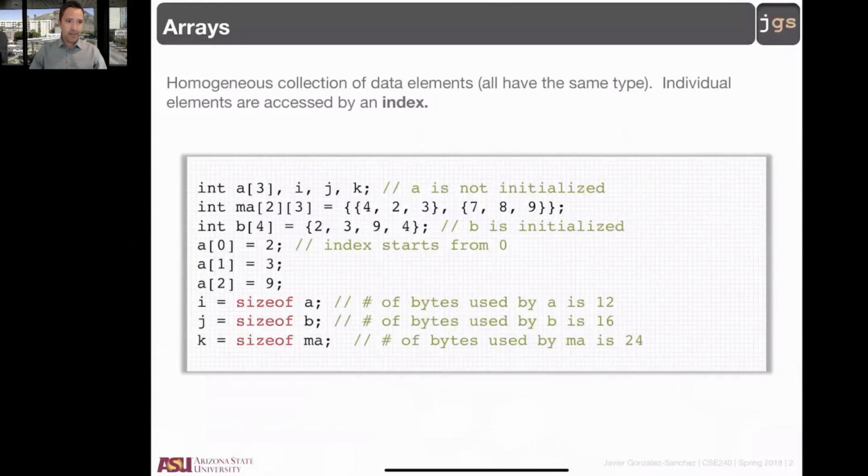So for arrays, number one, I assume that you're familiar with arrays in Java. Therefore, all these instructions here, you are familiar with them because they are the same that you use in Java for similar purposes.